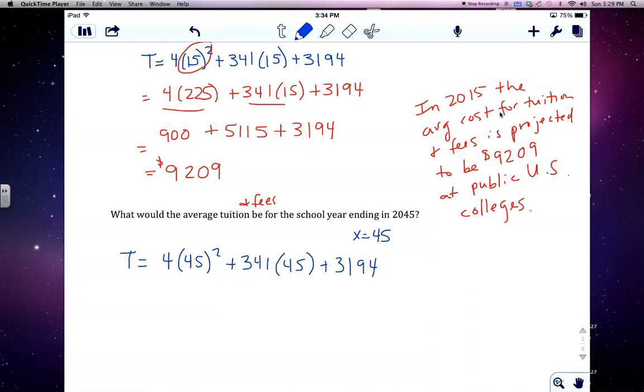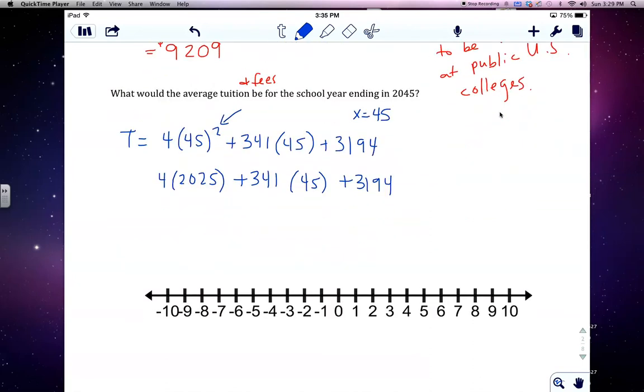For our calculator, if you don't know where the exponent button is for the 2 or how to raise to the second power, please refer to your calculator manual, or you can email me and I can help you figure that out. Okay, 45 squared is 2,025. And that's going to be 4 times 2,025, which is 8,100.